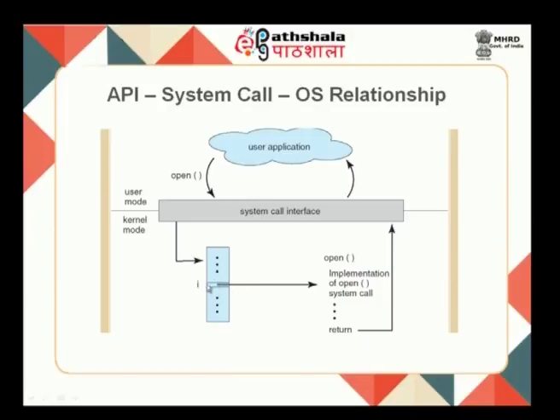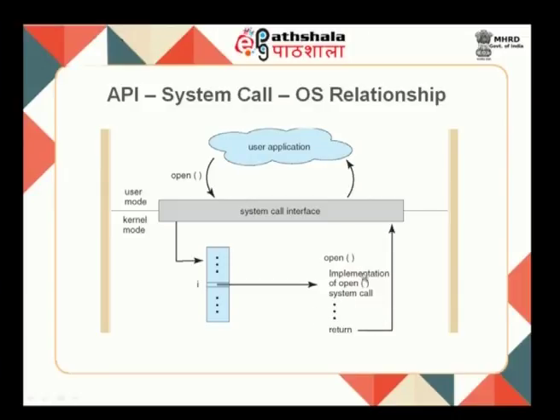Once it gets the address, the control will move to that particular address which is present within the kernel. The kernel, meaning the operating system, has the implementation corresponding to this open call, and we need not really know what actually happens inside the kernel.